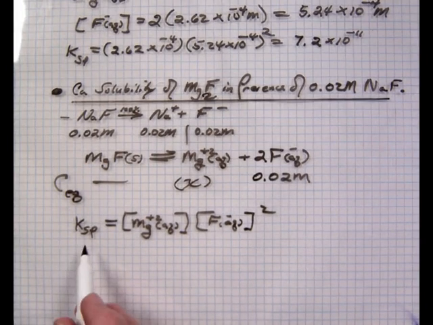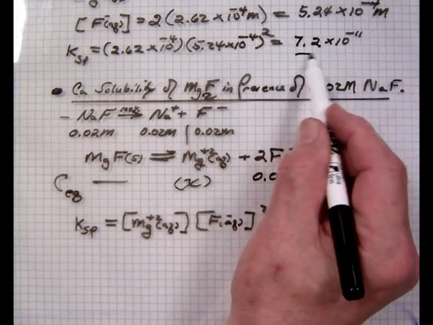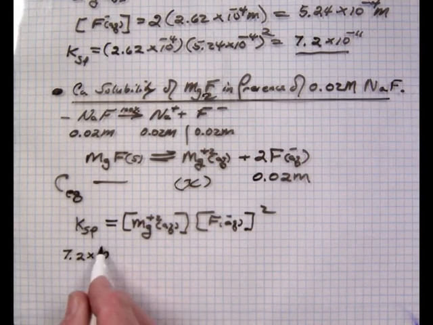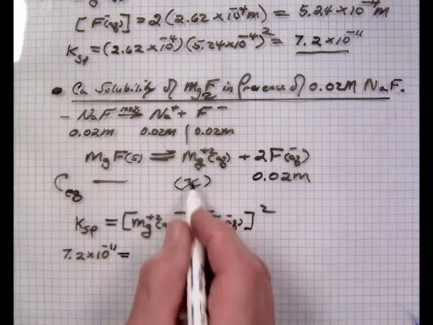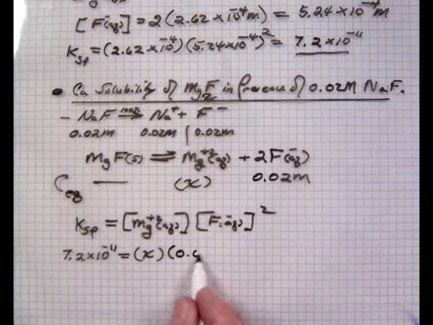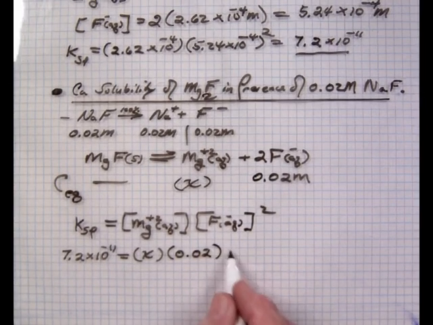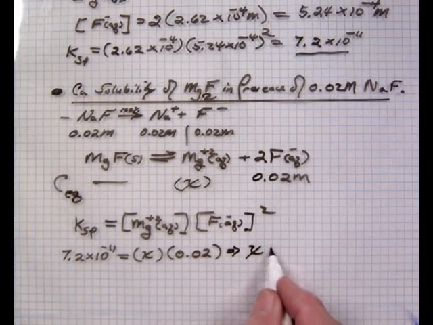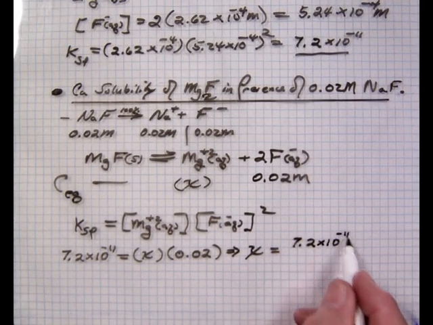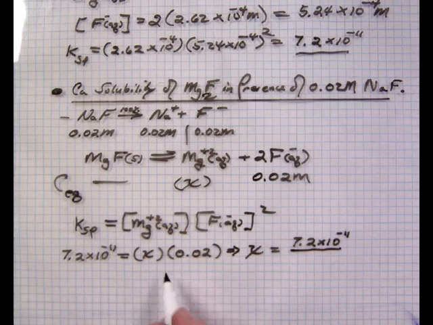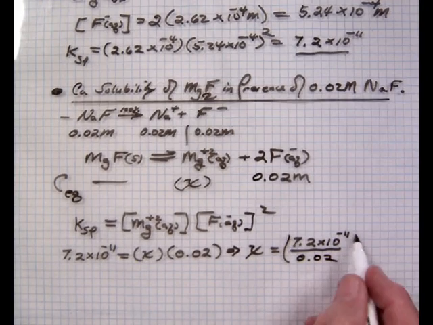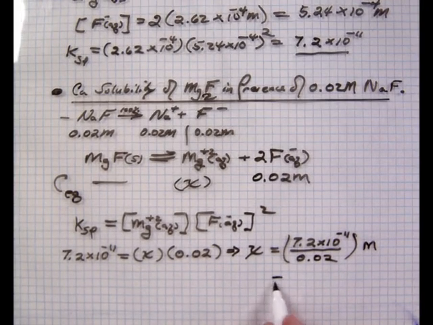Well, the KSP, as we determined earlier, is 7.2 × 10 to the minus 11, which equals X times the concentration of fluoride molar, and we solve for X, which is 7.2 times 10 to the minus 11 divided by 0.02. That will be in moles per liter.